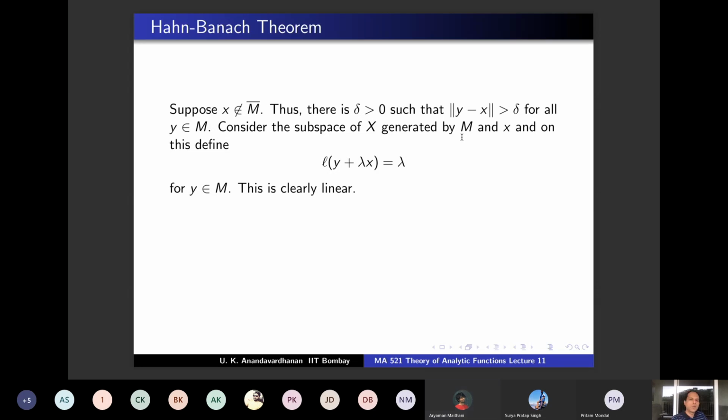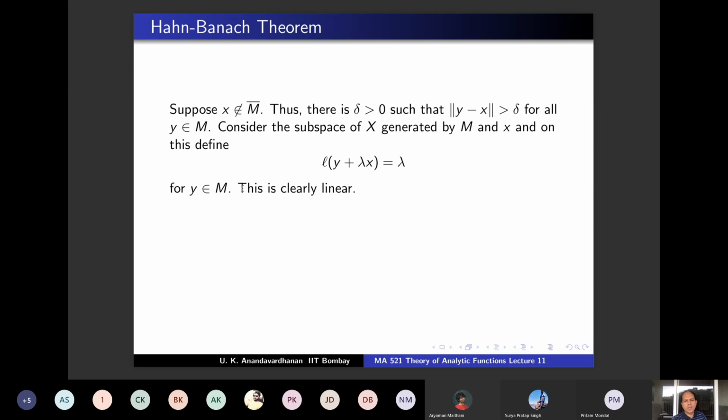So what we are showing is, if y plus lambda x is y1 plus lambda 1 x, then you are getting y minus y1 as lambda minus lambda 1 times x. What does that mean? Because x is outside M, lambda is lambda 1. So you check that it's well defined.